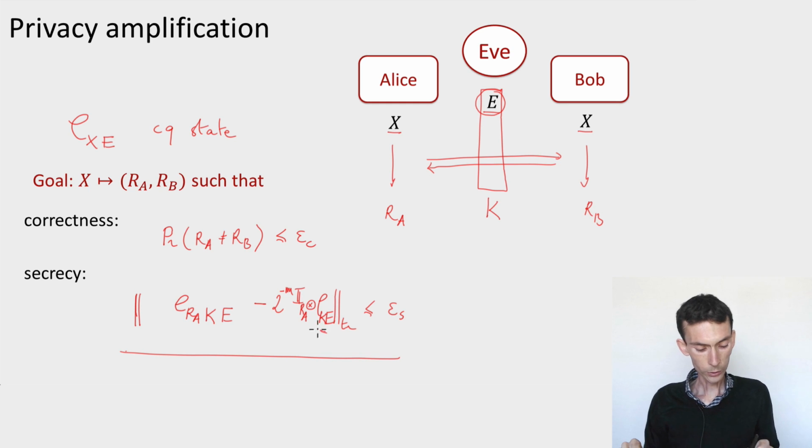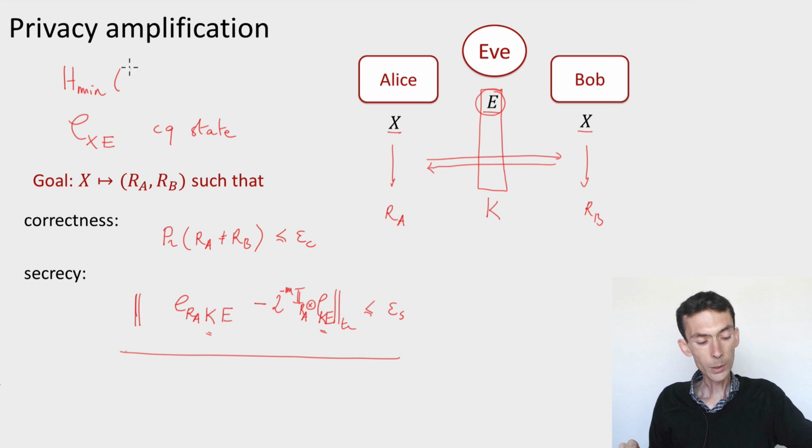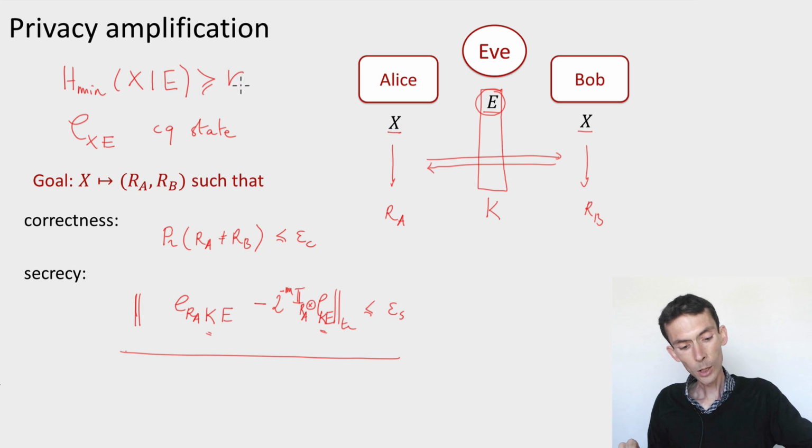This is quite important. The second thing is that we're not going to be able to achieve this if there's no assumption at all on the initial CQ state. Because if, for instance, E contains a direct copy of X, then we won't be able to extract any uniform bits. So there's going to be an assumption, and the assumption is going to be that there is some uncertainty, as measured by the min entropy that you learned about last week, of X conditioned on E, and this will be some parameter k.